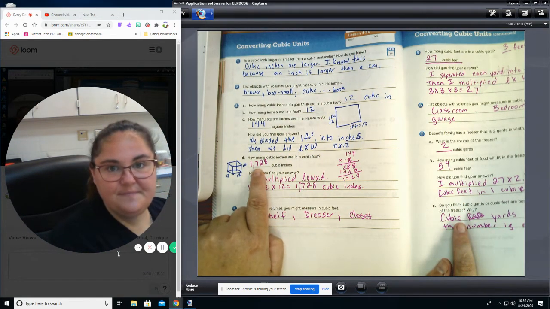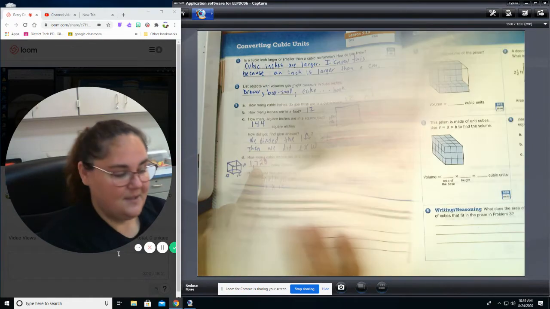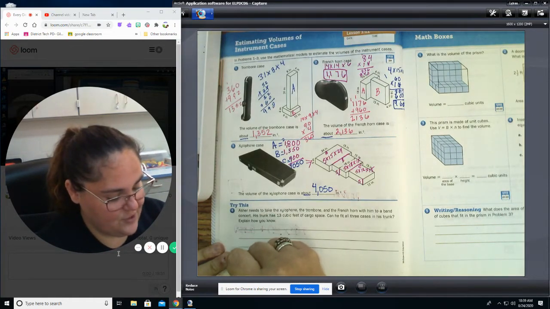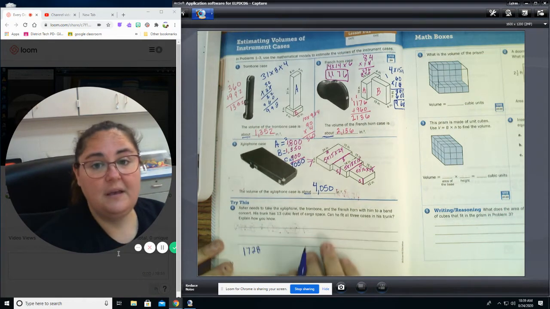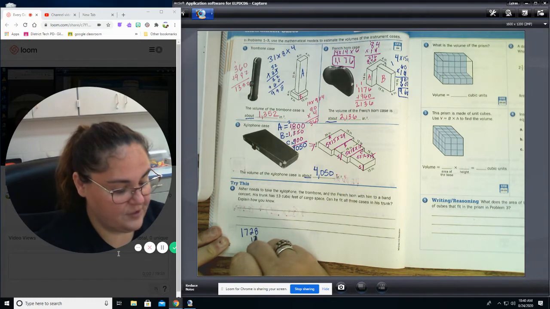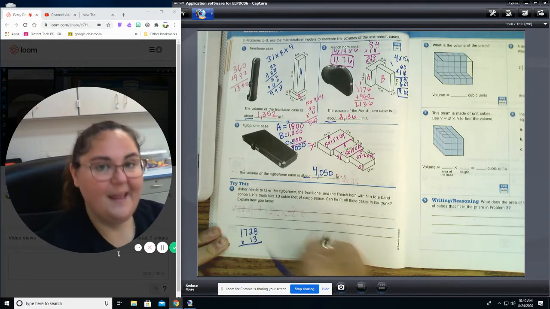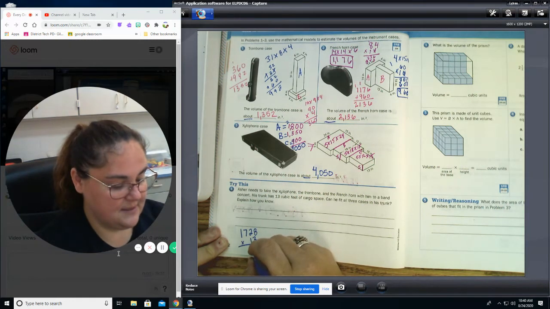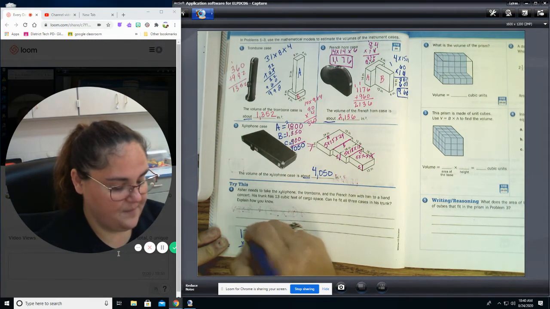1,728. So if there are 1,728 cubic inches in 1 foot, but I have 13 cubic feet, how many cubic inches do we have total? 8 times 3 is 24. 3 times 2 is 6, plus 2 is 8. 3 times 7 is 21.